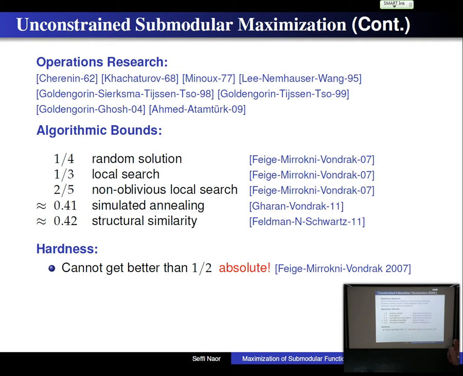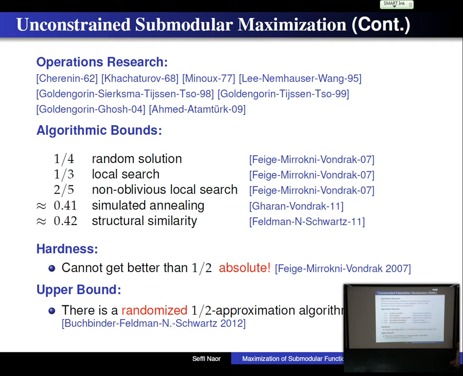So 1/2 is the best we can hope for. And the question that was open in recent years was whether 1/2 can be achieved. And in a paper from a few years ago, in joint work with Buchbinder, Feldman, and Schwartz, we indeed gave a randomized half approximation algorithm.